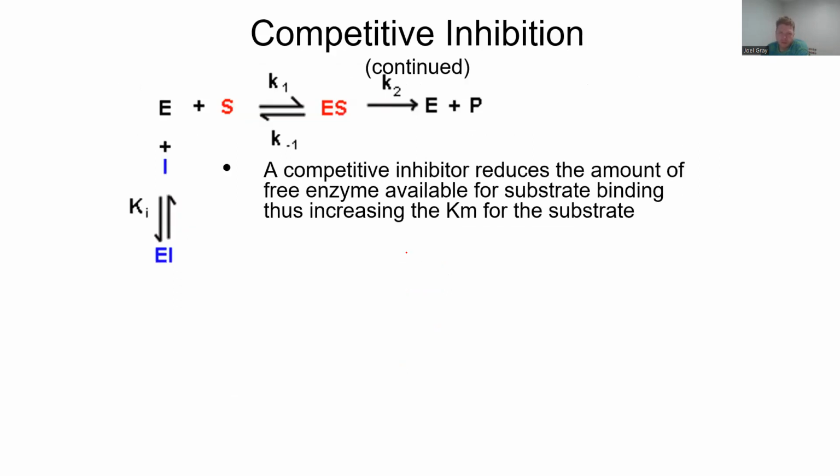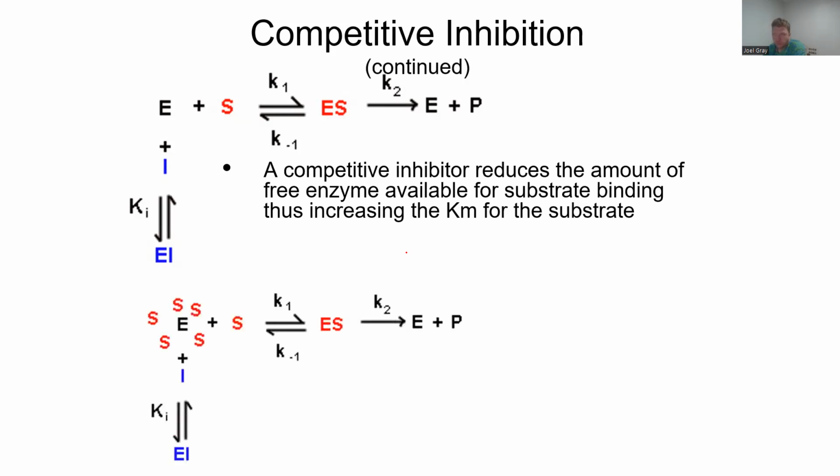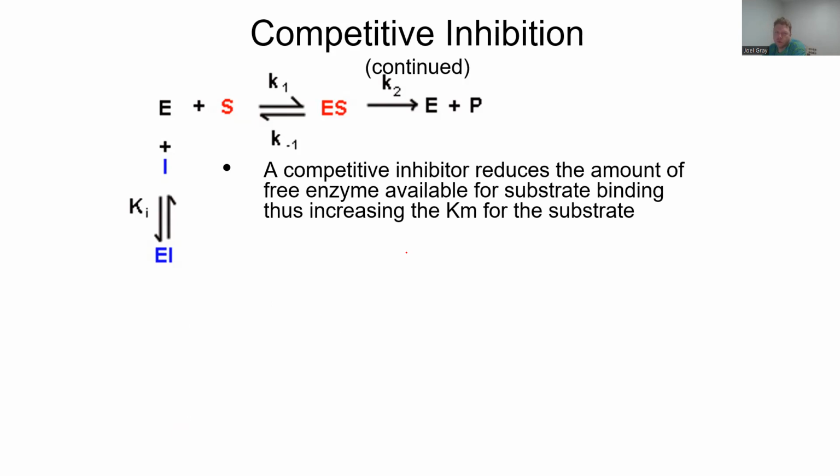Competitive inhibition, well, here's that model for binding between the enzyme and the inhibitor. A competitive inhibitor ultimately is going to reduce the amount of free enzyme available for substrate binding, thus increasing the KM for the substrate. So what does this mean? It increases the KM for the substrate.